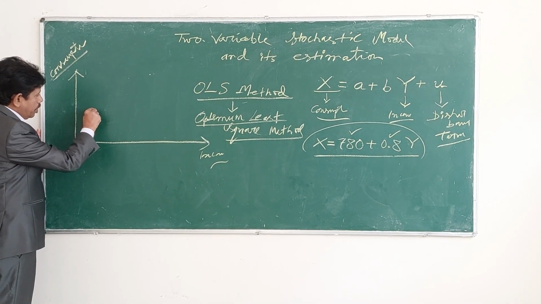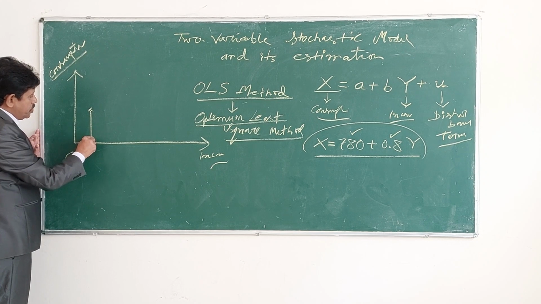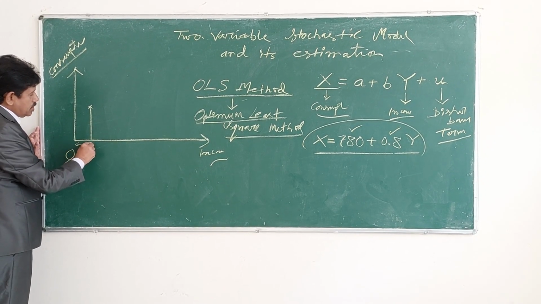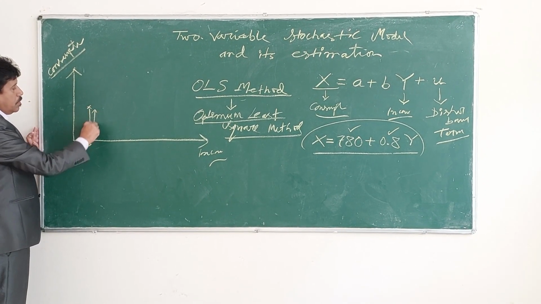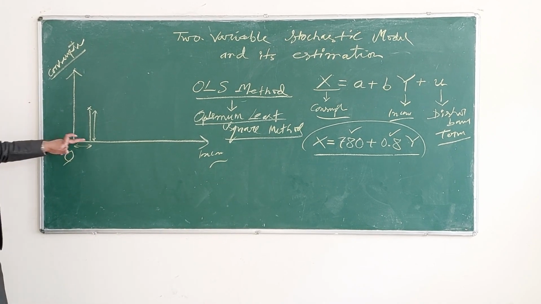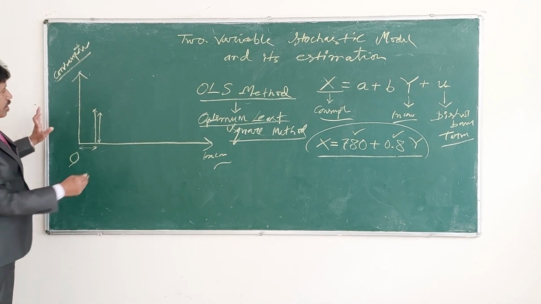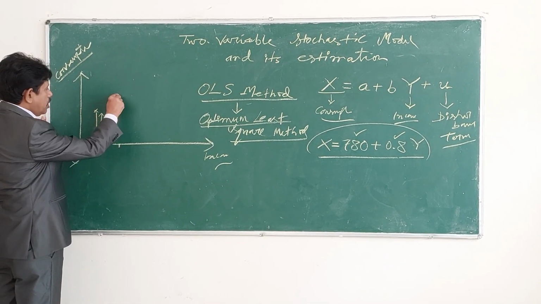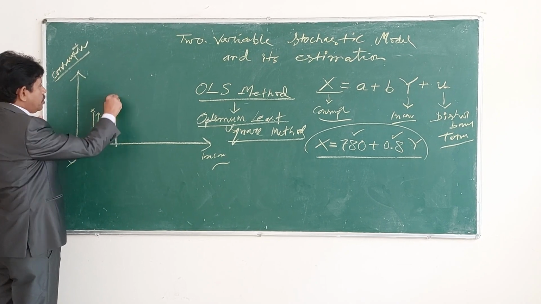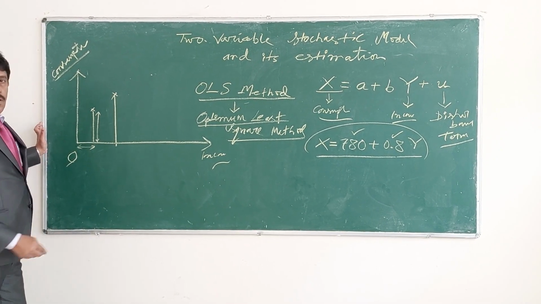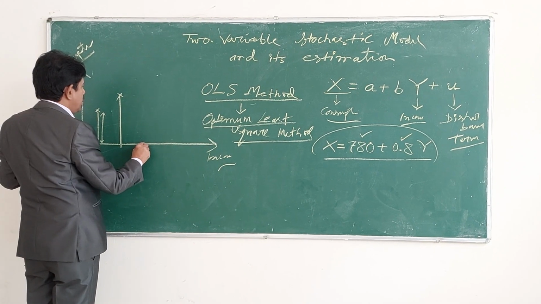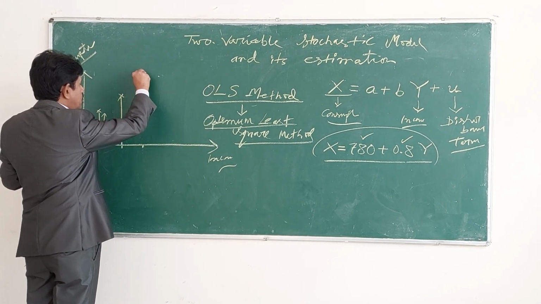Let us suppose this is one point. When income is this, consumption is this. Similarly, when income is this, consumption is, let us suppose, this.